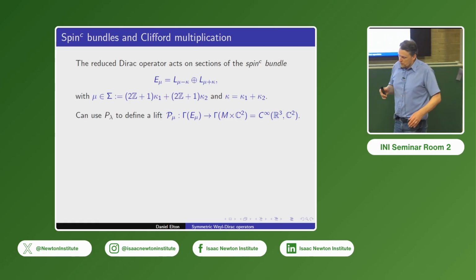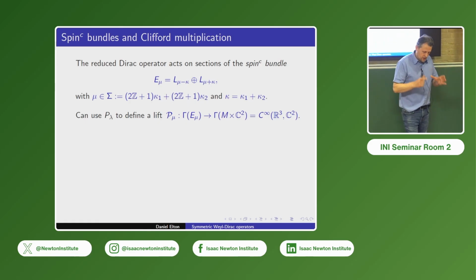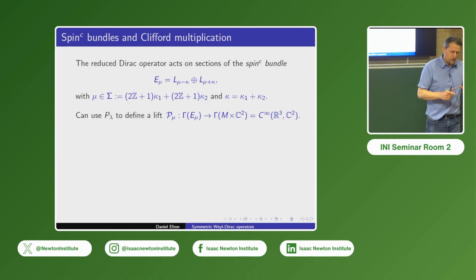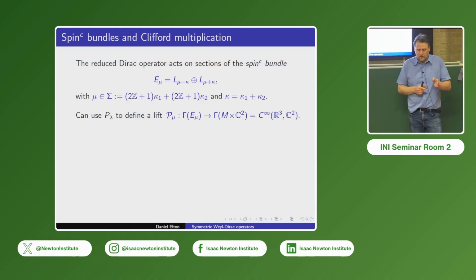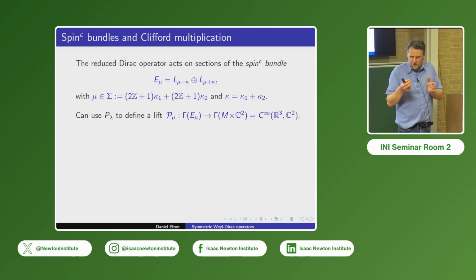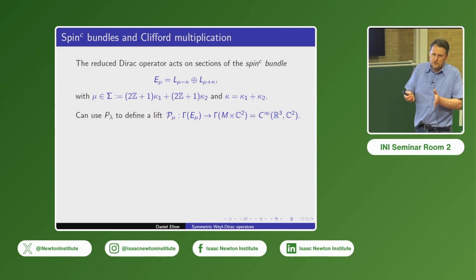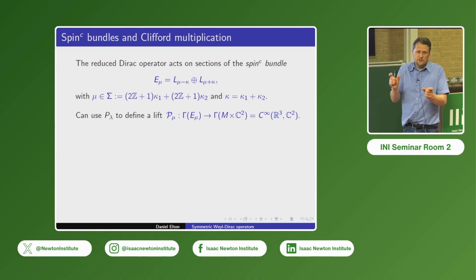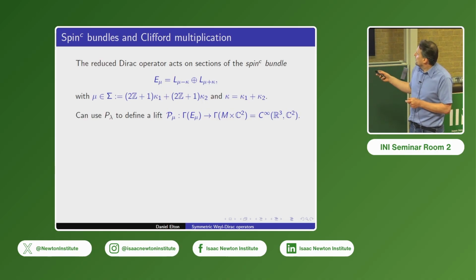Okay, so to go from where we are, we've got line bundles, but we want Dirac operators. These are not C-valued functions that they act on, but rather two-component functions, spinors, C2-valued functions. So to get the corresponding objects, the spinors, we need to take a sum of two of these line bundles. And we need to vary the parameters to make it the neatest form.